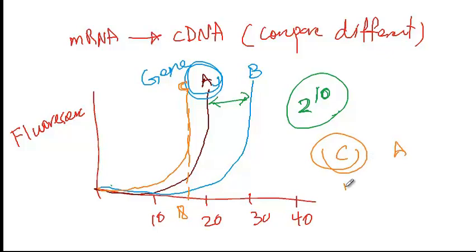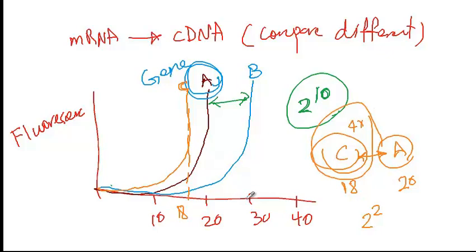Sample C, of course, because it takes 18 reactions to reach the peak, versus sample A takes 20 PCR reactions. So comparing A to C, it takes 2 more PCR reactions for A to be equivalent to C. So sample C has 4 times higher expression of the gene of interest that we are amplifying using real-time PCR. All right, and so that's about it.